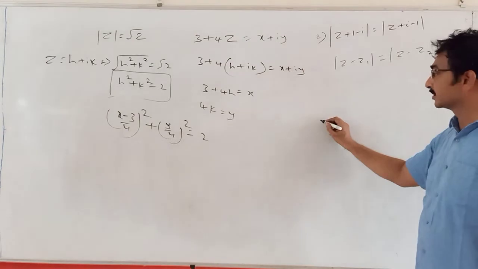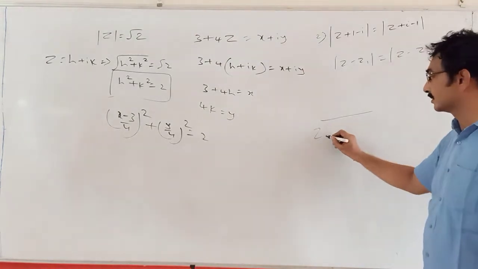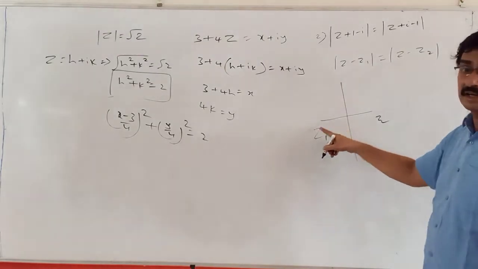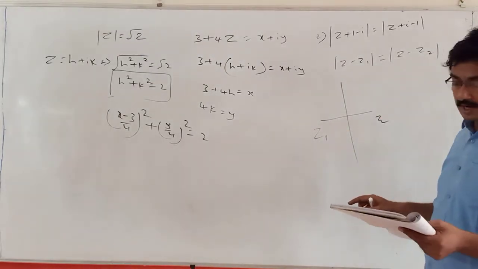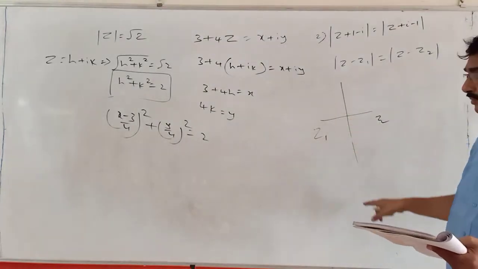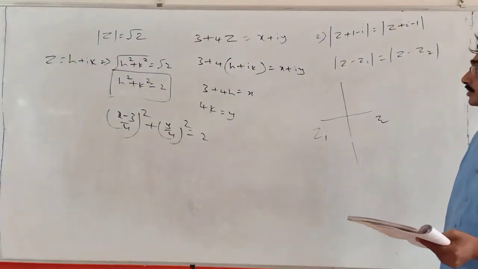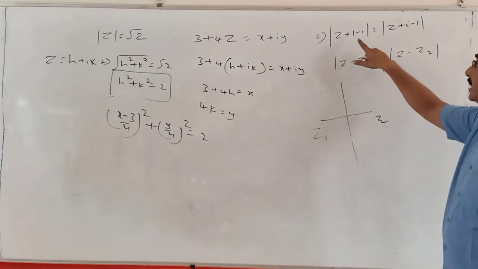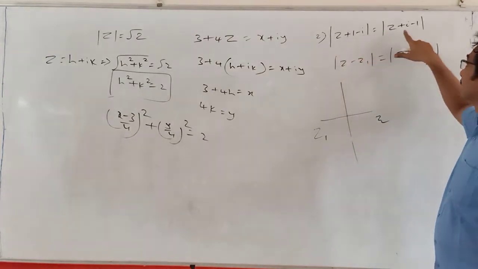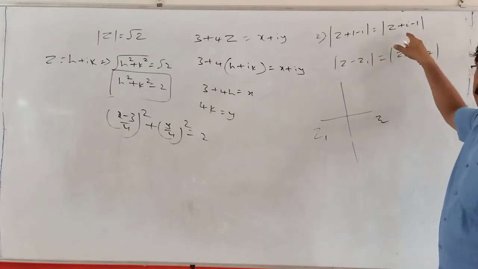In that case, locus of z is the perpendicular bisector of the line segment joining z1, z2. So option C is the name of the locus. Clearly line segment means straight line. So here z1 is minus 1 plus i, z2 is 1 minus i.